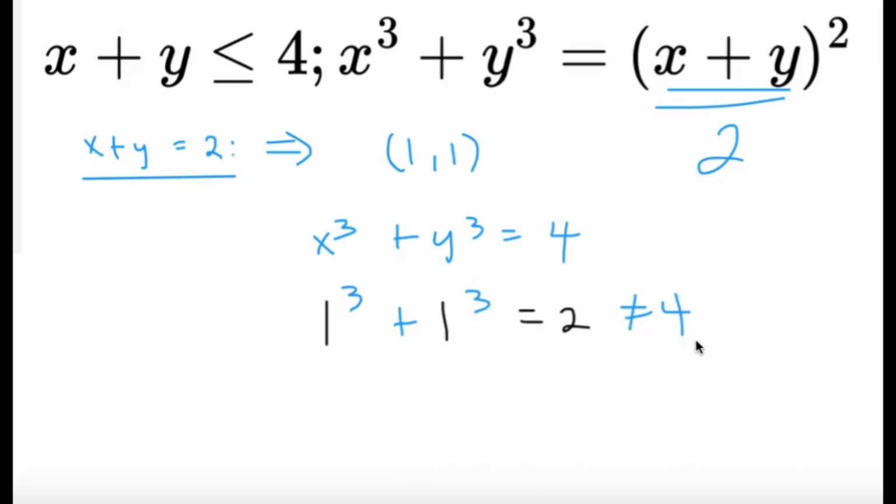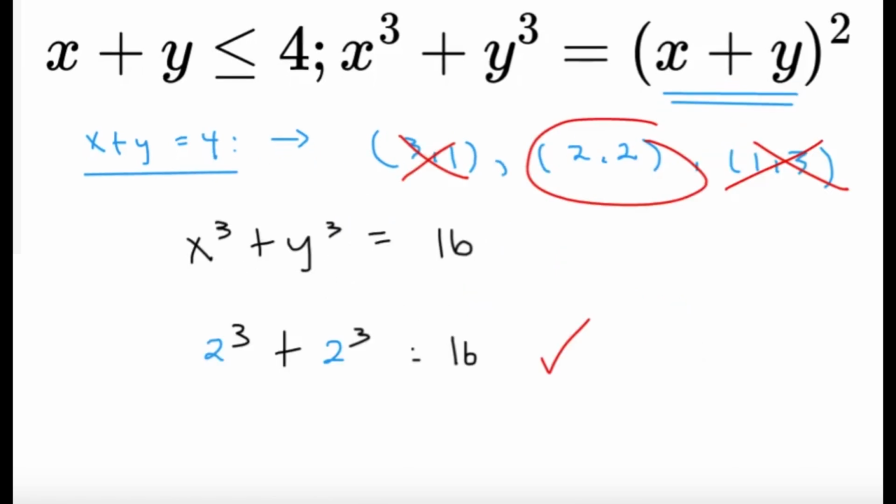And yes, x plus y can be 1, can be 0, but don't forget the given at the start, x and y are natural numbers, so x and y must both be at least 1. Therefore, the minimum possible value of x plus y, the sum of x and y, must be 2, where x and y are both equal to 1. So there are no more cases for us to check.